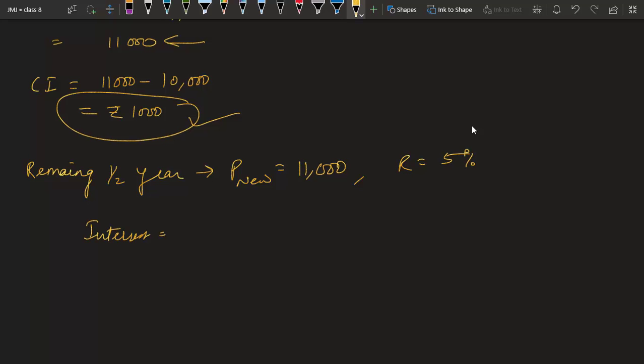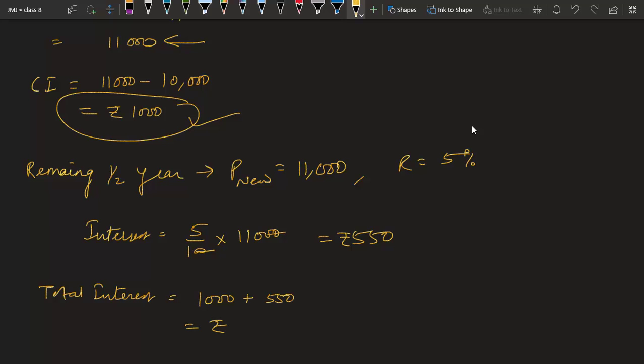It will be 5 upon 100 into 11,000, 0 cancel, 550 rupees. So the total interest will be given by 1,000 plus 550, which is rupees 1550. This was the case of compound interest done annually.